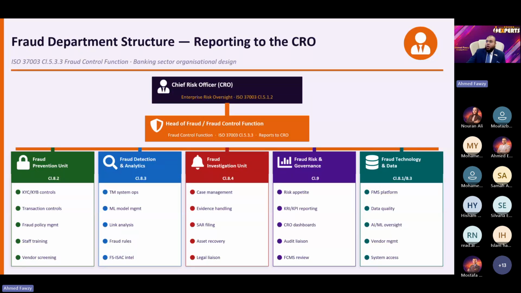So at the end of the day, you have to have this fraud detection and analysis. In addition to that, fraud investigation, risk governance, and fraud technology and data, including AI and machine learning. So we have to have all of these functions working in one function, reporting to the CRO.